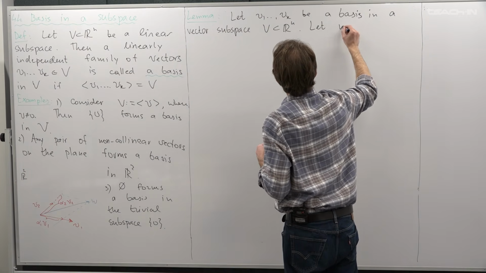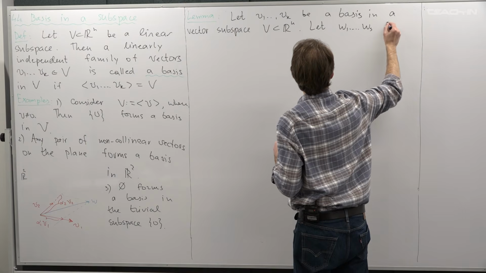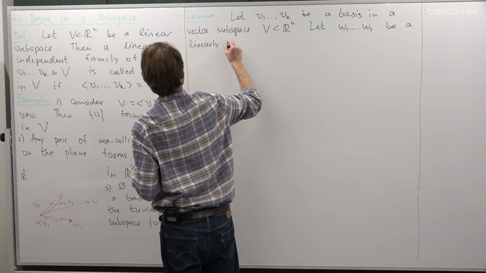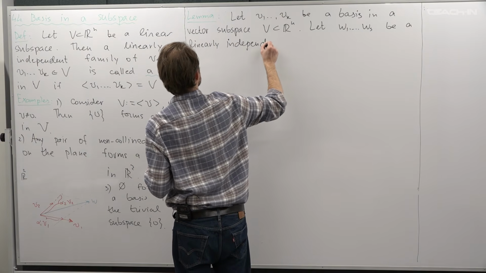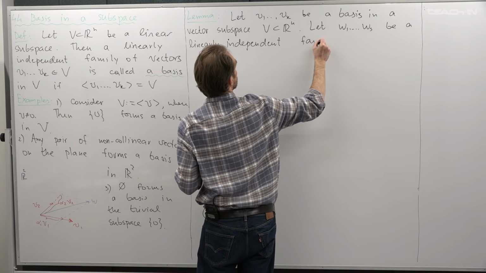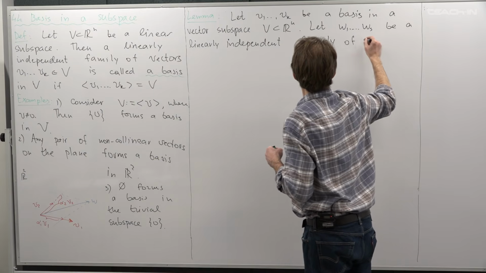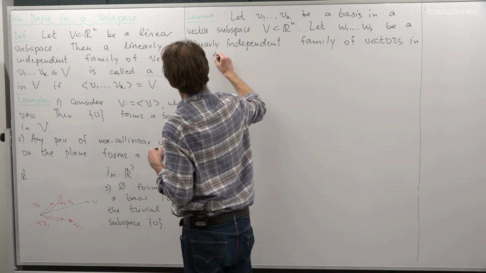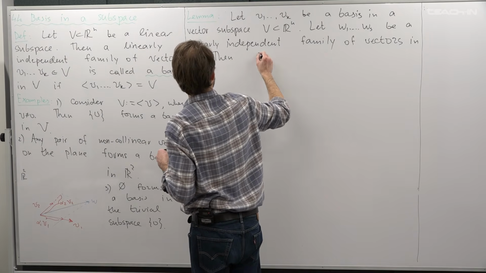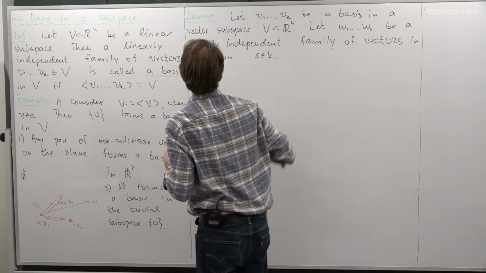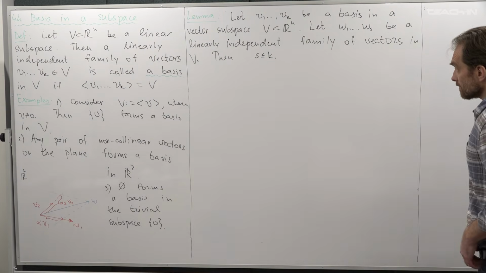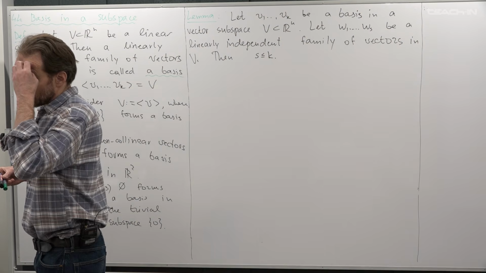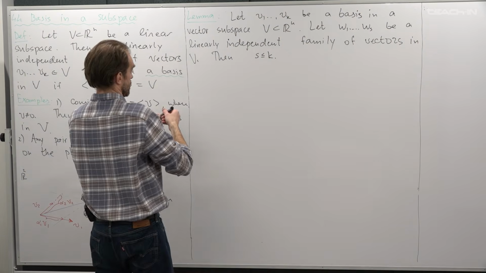Let w1, etc., ws be a linearly independent family of vectors in V. Then s is not greater than k. Okay, so proof.